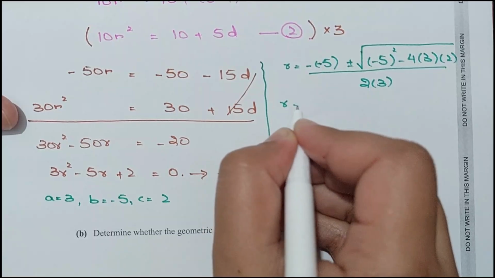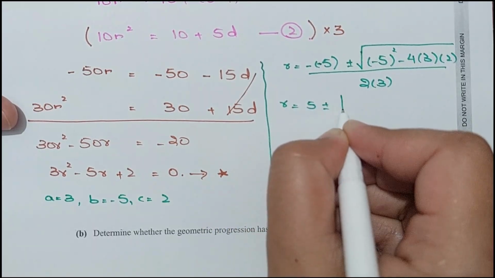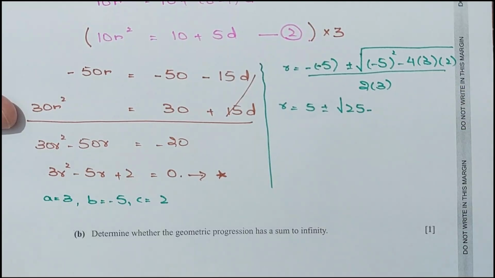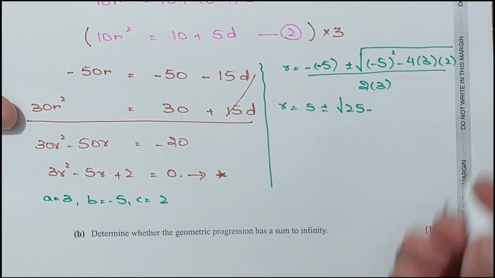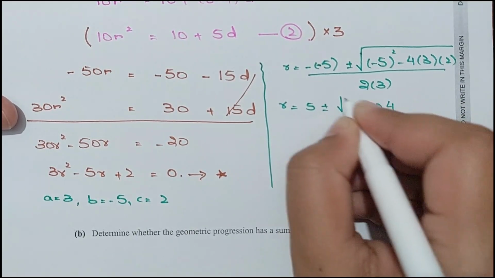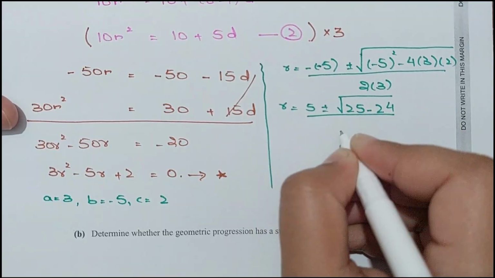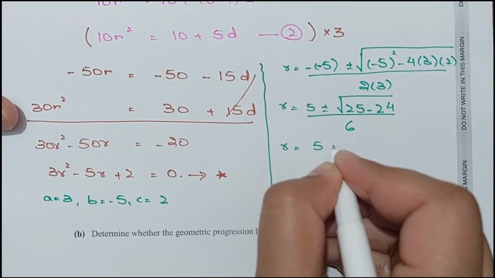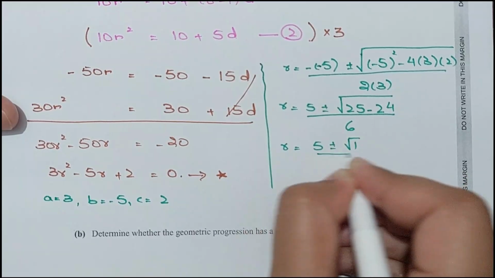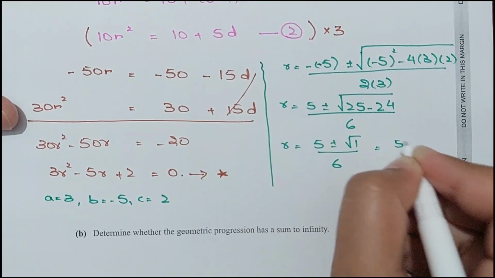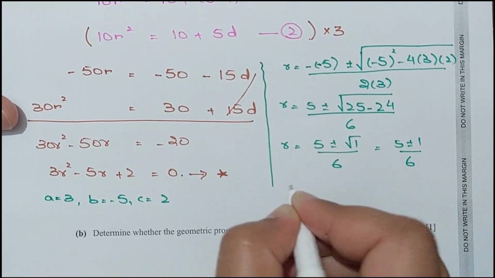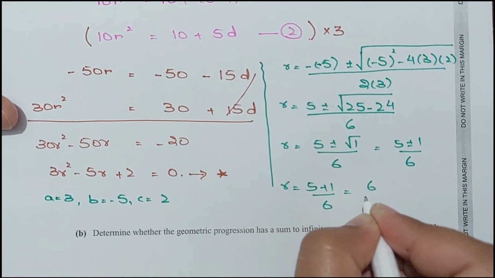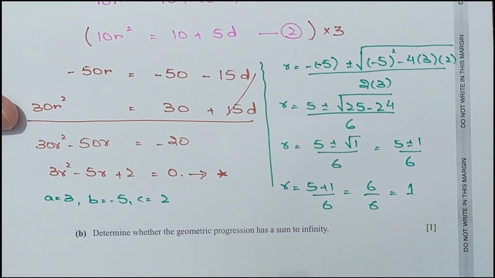Okay, r is 5 plus or minus the root of 25 minus 4 times 3 is 12, and 12 times 2 is 24, divided by 6. r equals 5 plus or minus the root of 1, over 6. So what is r? 5 plus 1 by 6, 6 over 6, that is 1.